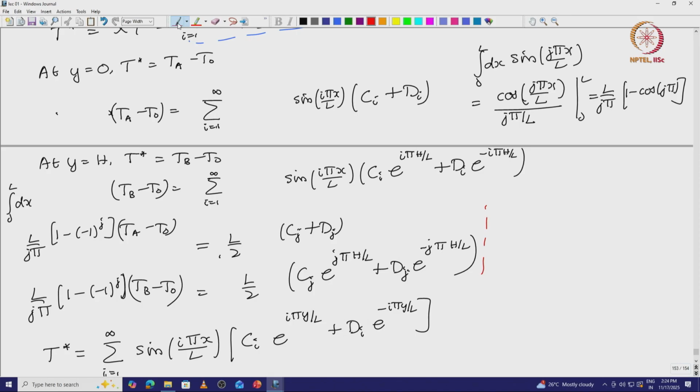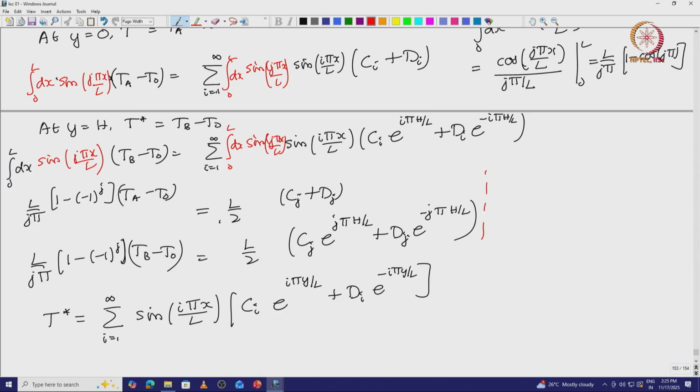I multiply this by sine of j pi x by L on both the left and right sides, and integrate dx from 0 to L. Similarly, in this case, integral 0 to L dx sine j pi x by L. On the right side, the integral of sine i pi x by L times sine j pi x by L is just proportional to delta ij.